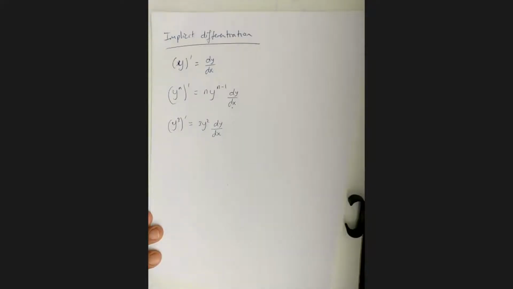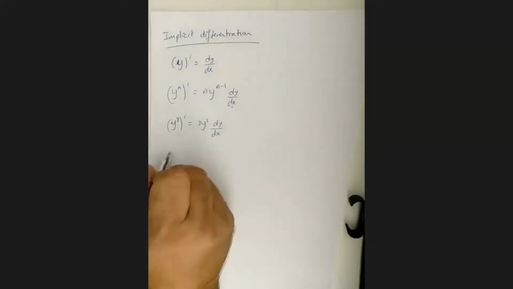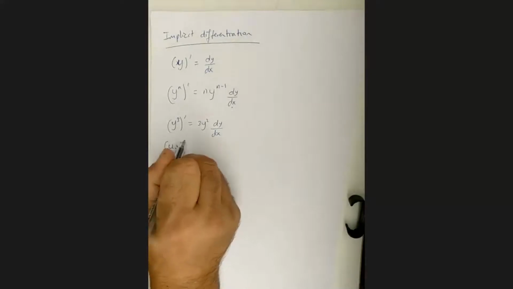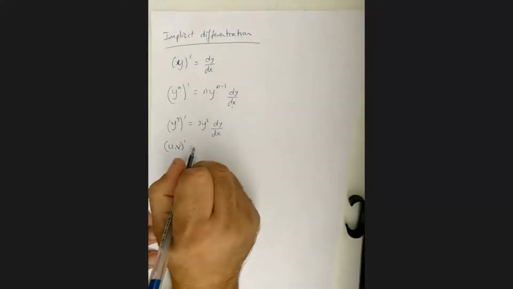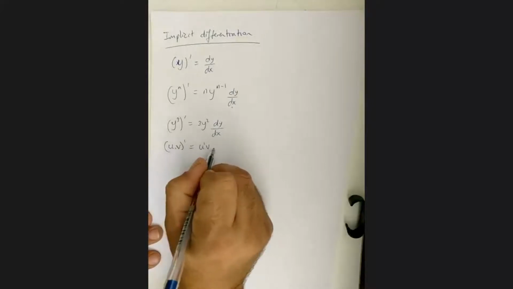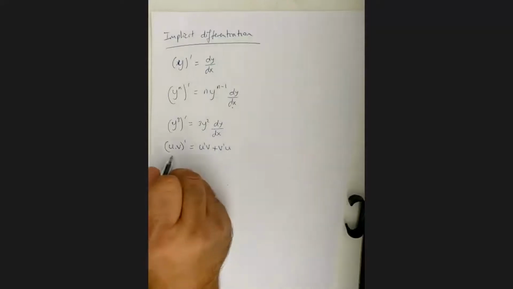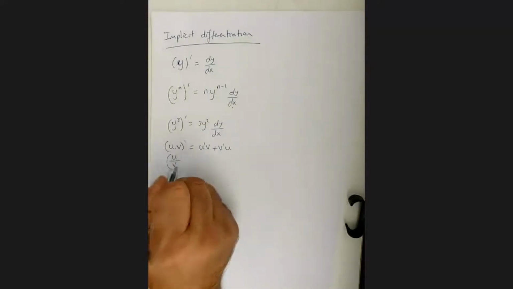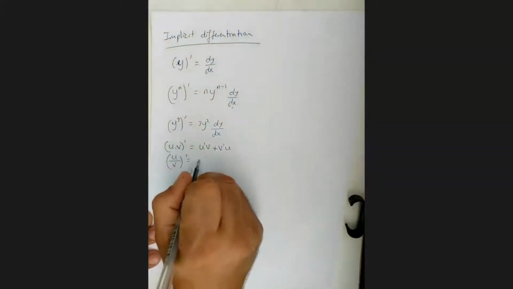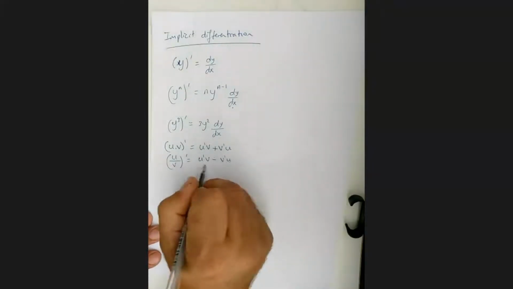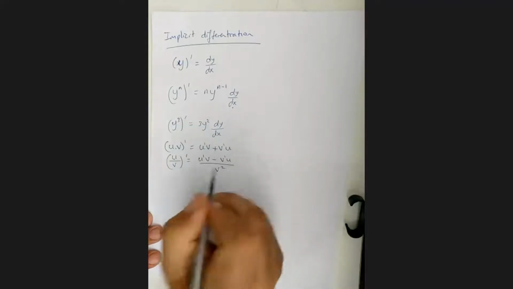Before passing to that, let's remember, what is the derivative of u times v? The product rule: it is u dash v plus v dash u. What is the derivative of u over v? It is u dash v minus v dash u over v squared.